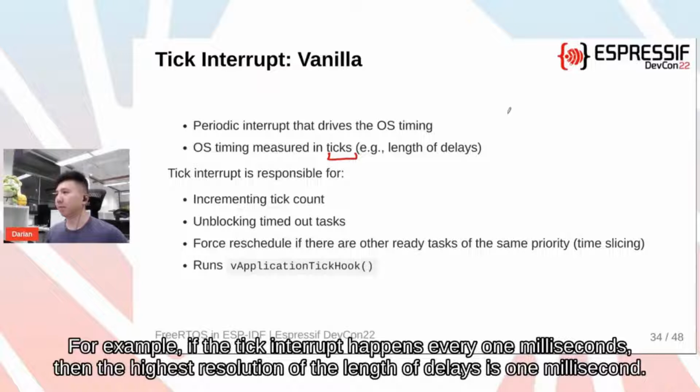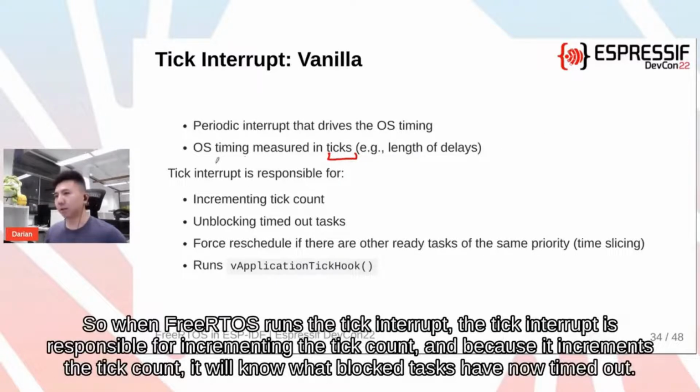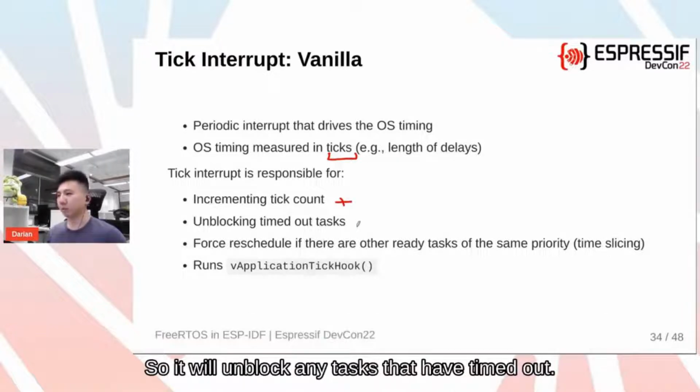So for example, if the tick interrupt happens every 1 millisecond, then the highest resolution of the length of delays is 1 millisecond. When FreeRTOS runs a tick interrupt, it is responsible for incrementing the tick count. Because it increments the tick count, it will know what blocked tasks have now timed out, so it will unblock any tasks that have timed out.